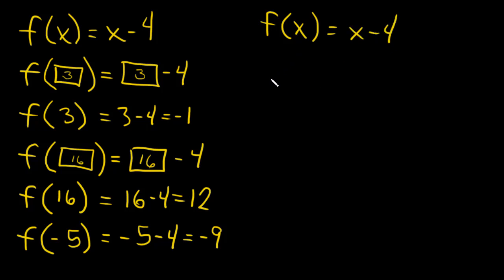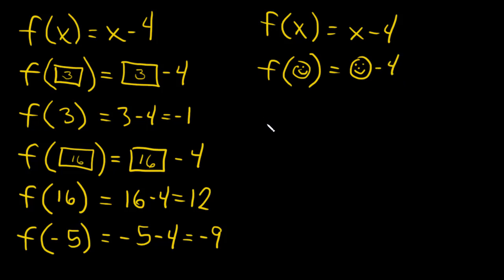Alrighty. What would f of a smiley face be? That's a really terrible looking smiley face. My goodness, that's nightmare fuel. All right, that's okay. So f of x is x minus 4. f of smiley face would be smiley face minus 4.